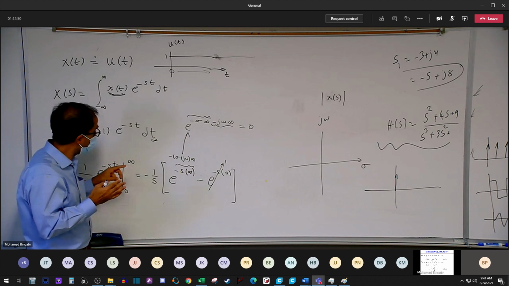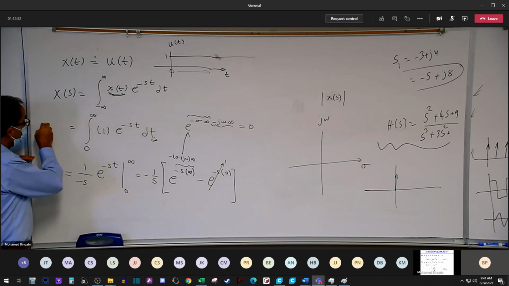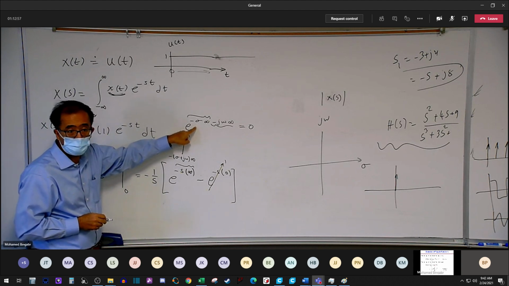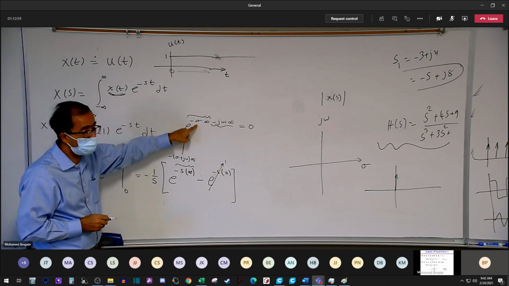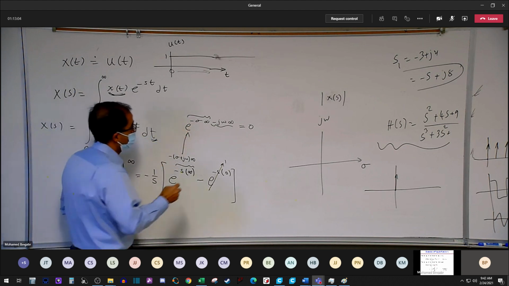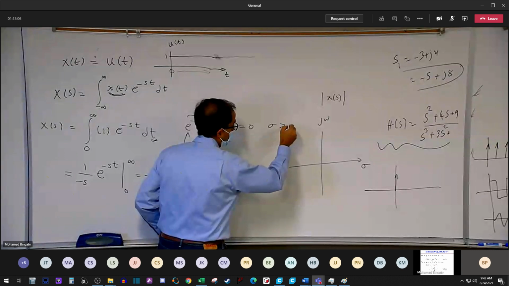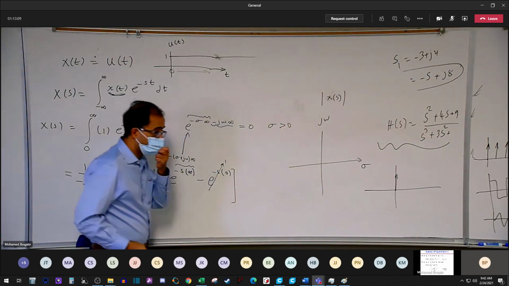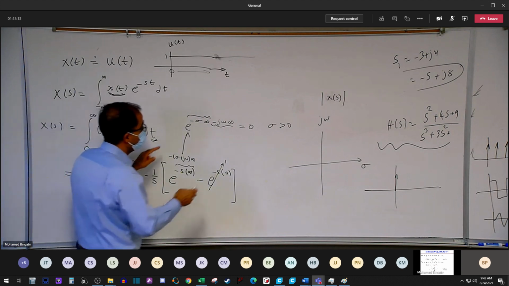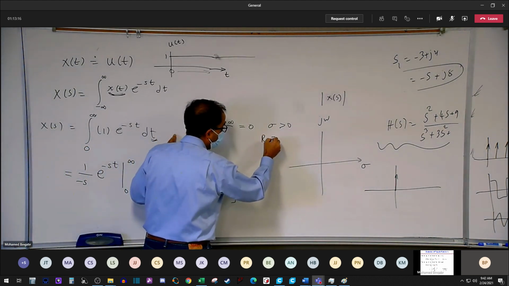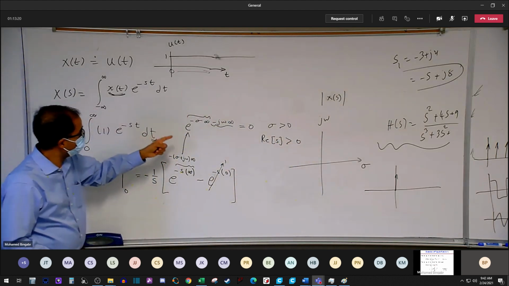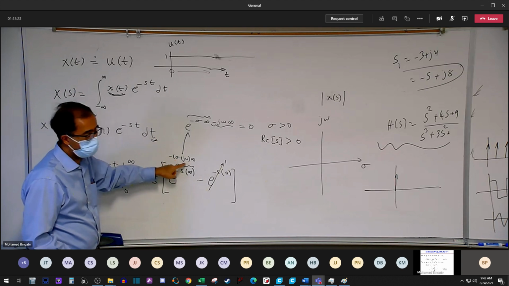So the only way this X of s will exist is if this term here goes to 0. And the only way for this term to go to 0, sigma has to be positive, larger than 0. Or you can say the real of s is larger than 0, because s is sigma plus j omega, and the real of s is sigma.